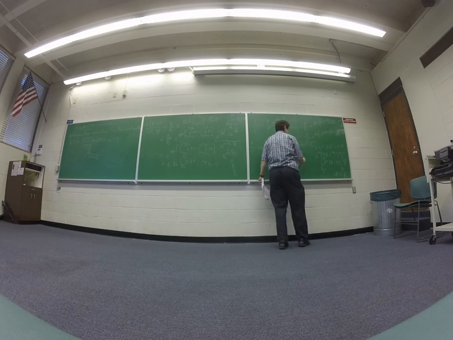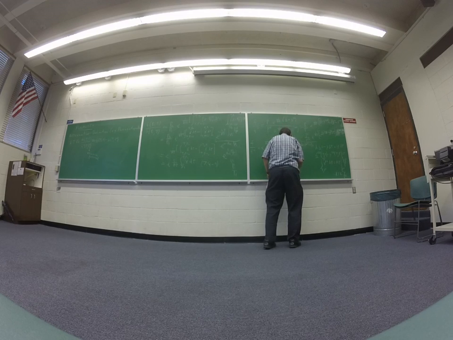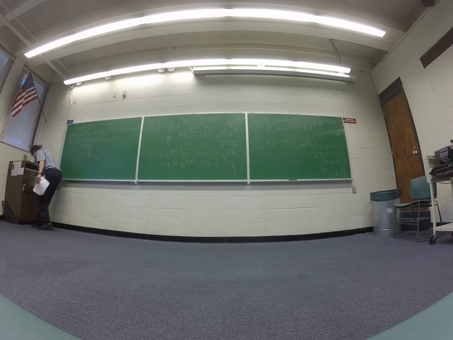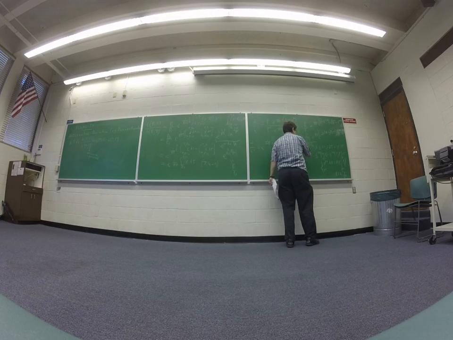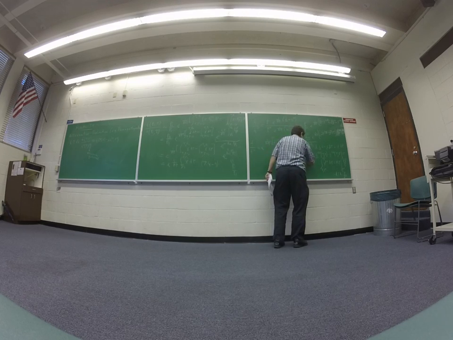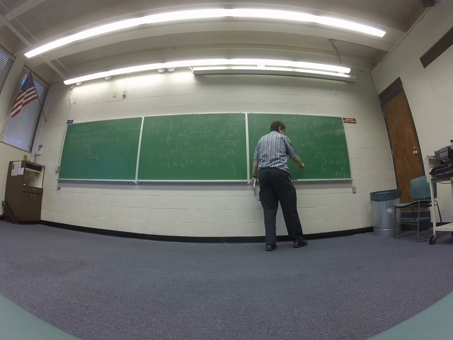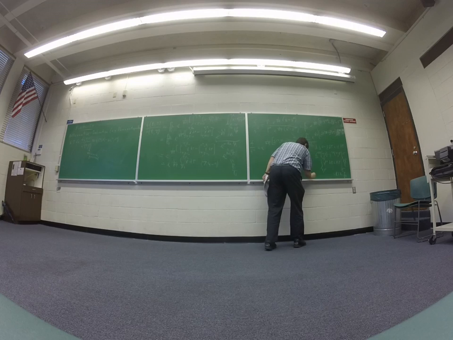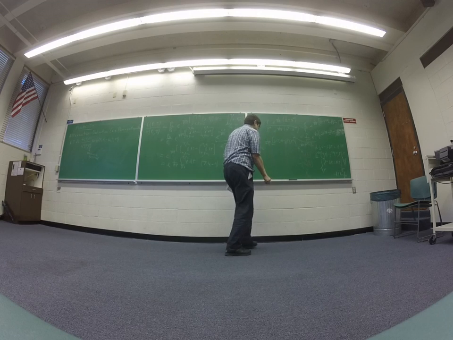Doing very similar to what I was doing before. The RT cancels. The minus goes in, change it to P naught over P. So this part becomes e to the minus ln P over P naught, which is e to the ln P naught over P, and of course that is equal to P naught over P.